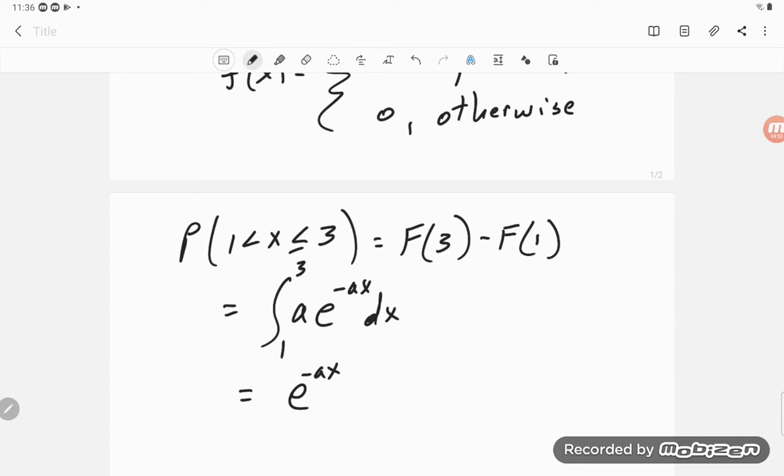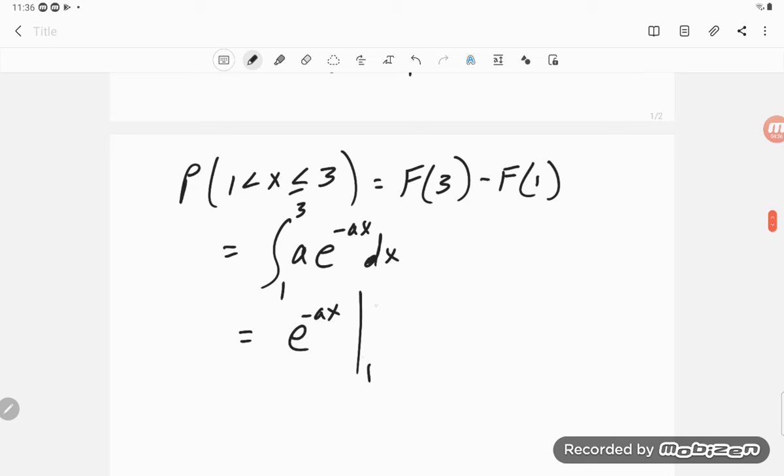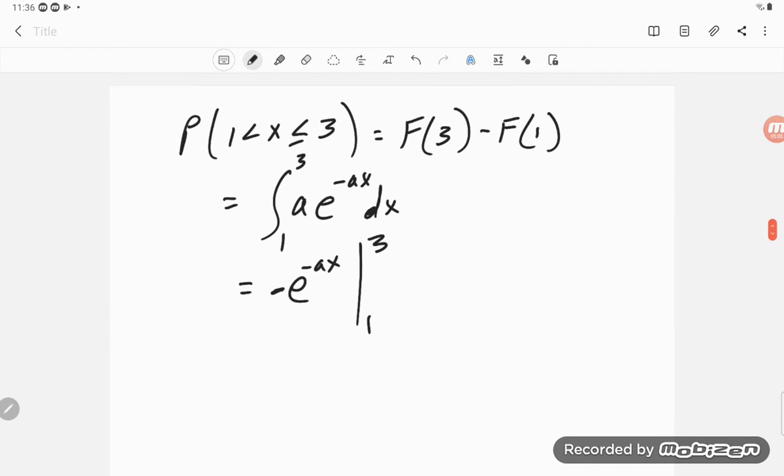So we haven't given a particular value of a, but then putting in 3, this is minus e to the minus 3a, and then minus minus e to the minus 1a.